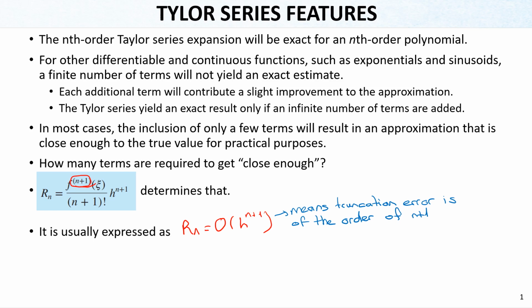This is important. Actually, there is h as well, h to the power n plus 1. This means that the error is proportional to the step size h raised to the n plus 1 power.